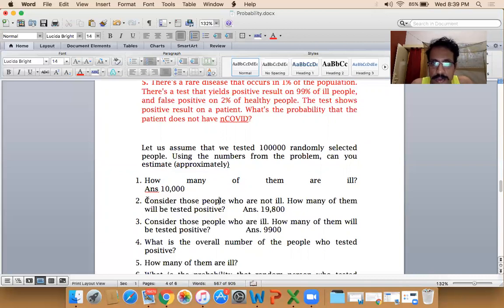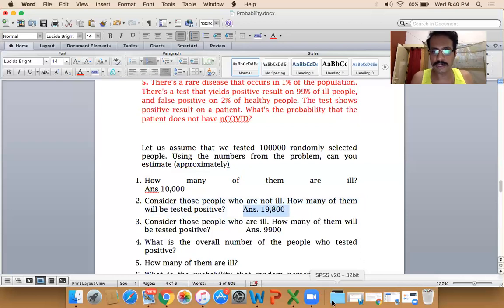Consider people who are not ill. How many of them will be tested positive? So now how many are not ill is 99,000 people, and how many of them will be tested positive? So there is a 2% chance that they can be tested positive. So 99,000 multiplied by 2% is 1,980, right?